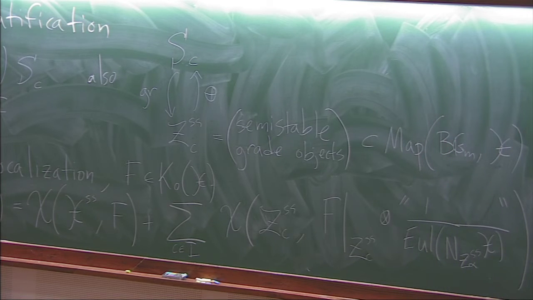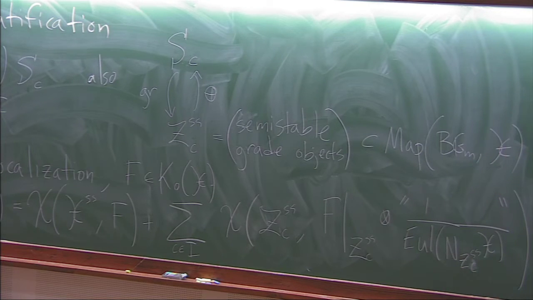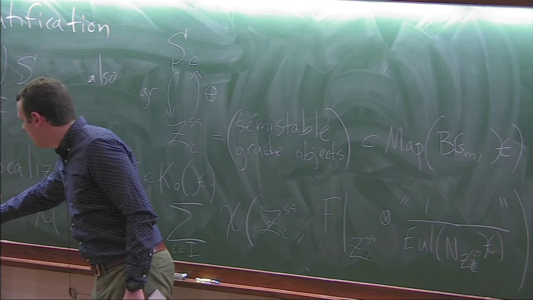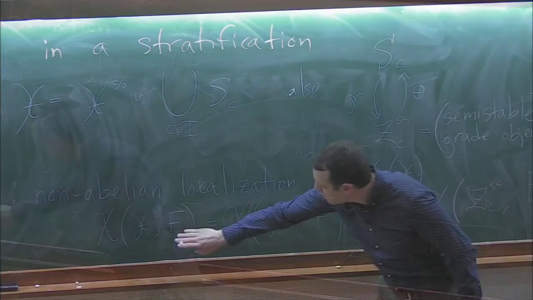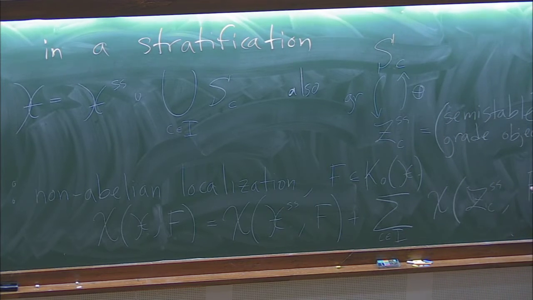There's a formula along these lines. I don't want to make it precise now because it would take me too far afield, but if you're interested, I can tell you more later. Basically, there's a quasi-coherent sheaf here which plays the role of 1 over the Euler class of the normal bundle. This is a formula saying that if you want to compute the K-theoretic index of something over the stack, you can use this, as long as you know these correction terms.